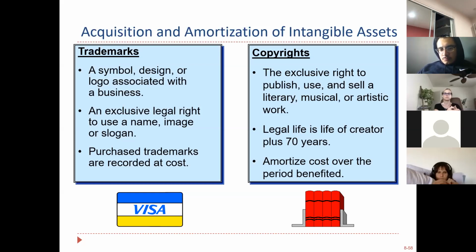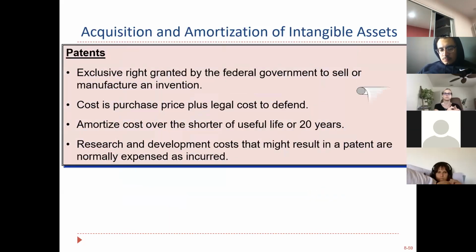Trademarks, copyrights, that's books. Now, patents, we're going to go with a 20-year period. A patent is an exclusive right for 20 years, granted by the government to manufacture an invention. Let me say that again more correctly.